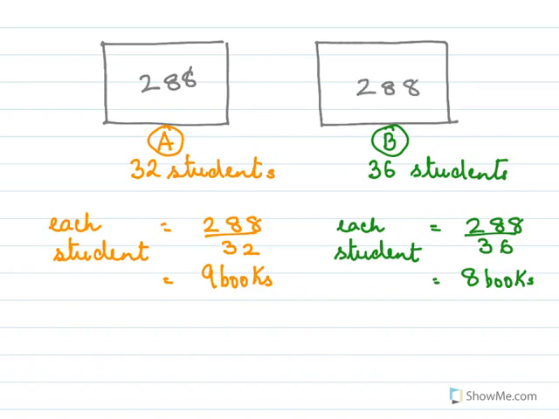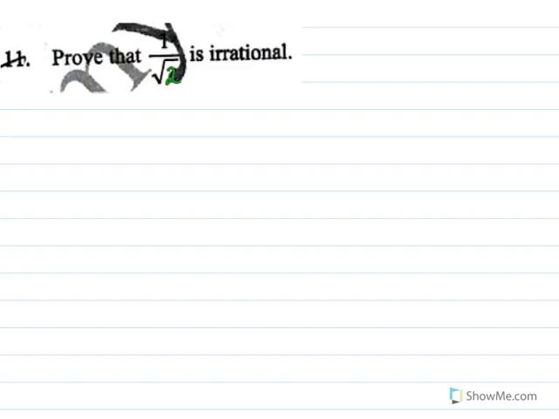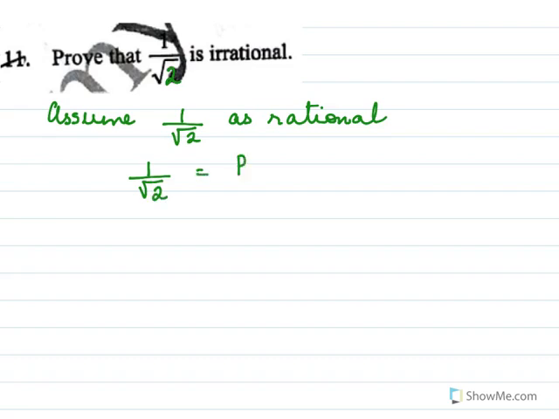288 books. Prove that 1 over under root 2 is irrational. So we'll say we assume 1 over under root 2 as rational. And if it is rational, we'll say 1 over under root 2 equal to P over Q, where Q not equal to 0, cross multiply, and we get Q over P equal to root 2.